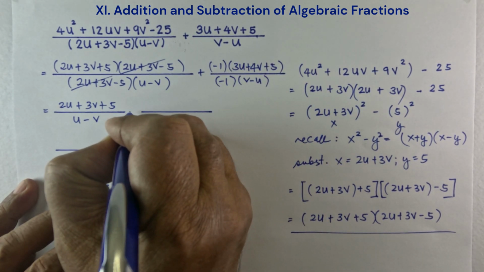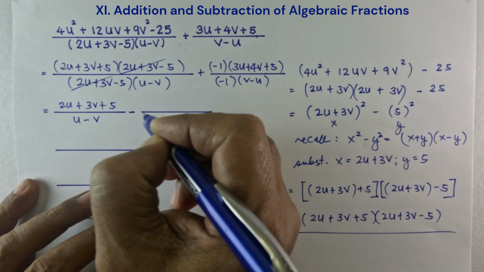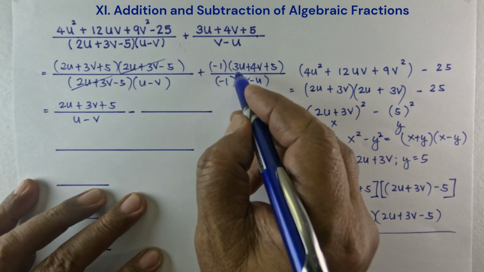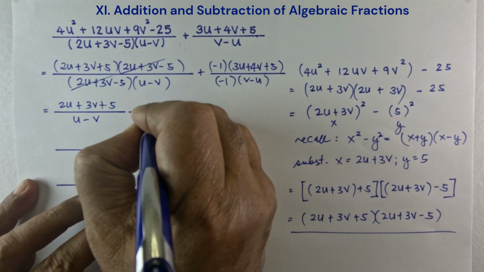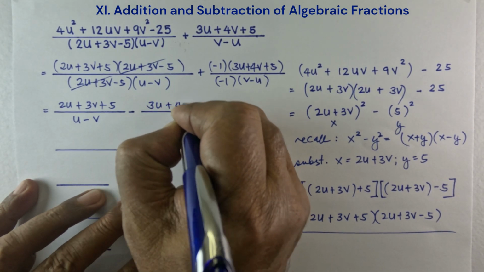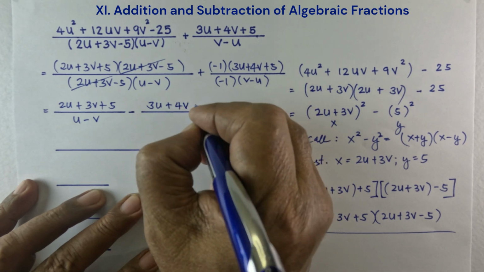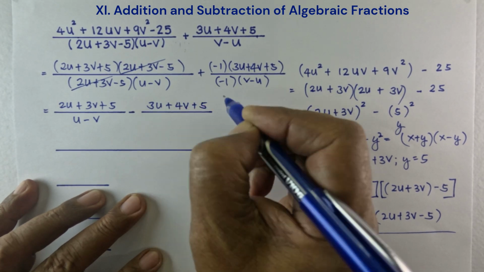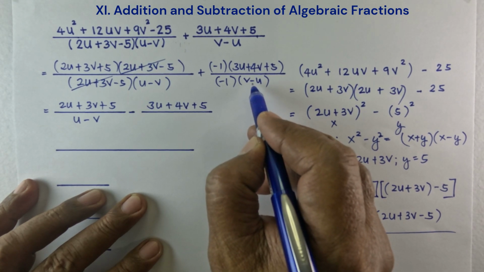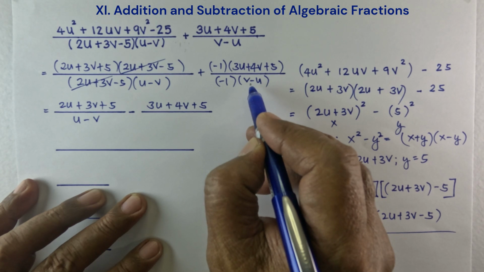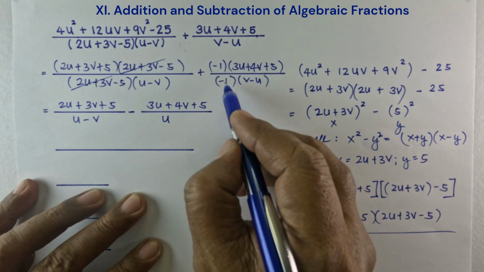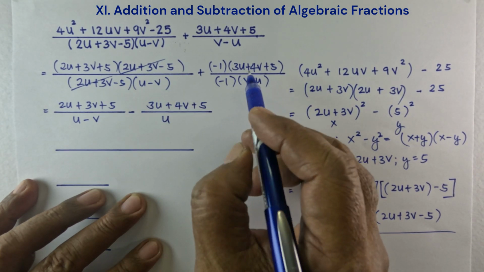So I'll write here minus. So the sign now changes from plus to minus. So I'll copy 3u plus 4v plus 5. Now, minus 1 times minus u is positive u, or simply u. Then minus 1 times v is minus v.